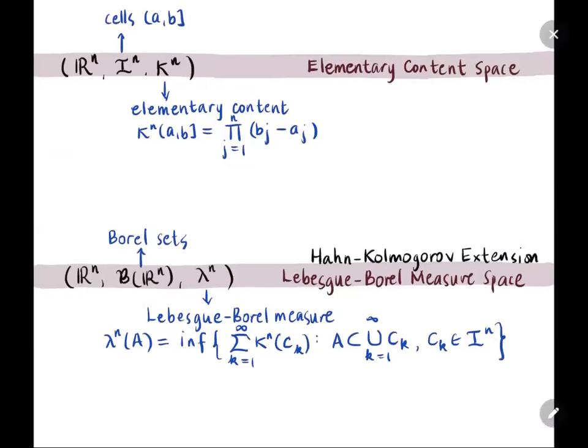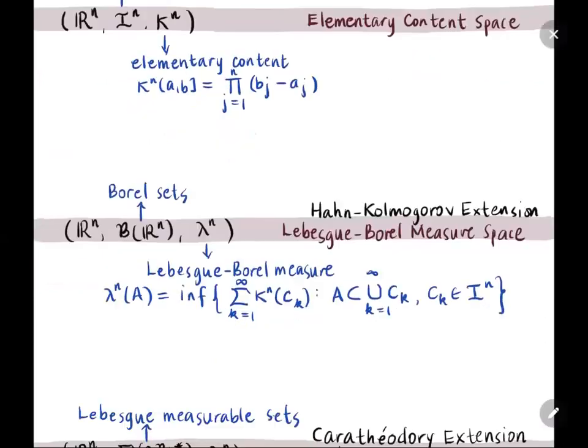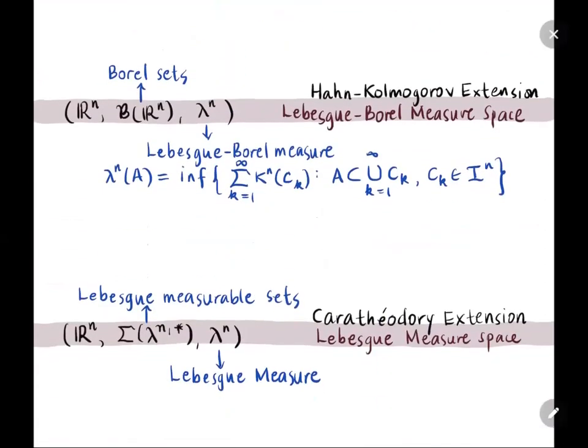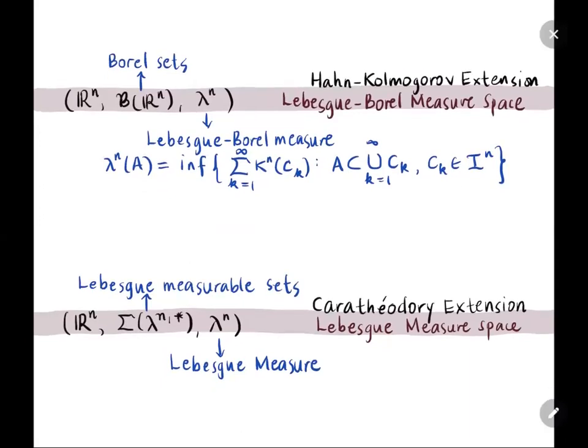You construct the outer measure from the corresponding pre-measure. And you restrict the outer measure to the Lebesgue measurable sets to obtain the Lebesgue measure space. A further restriction of this measure space to the Borel sets will be the Lebesgue-Borel measure space.